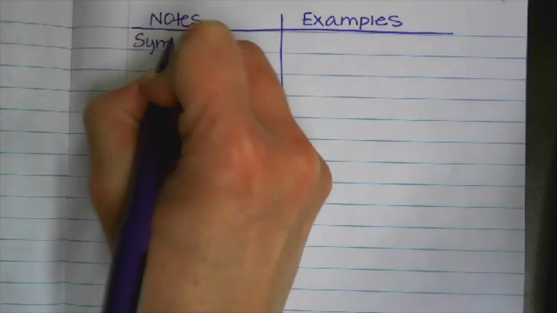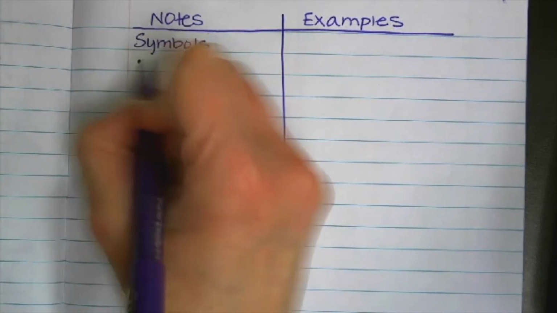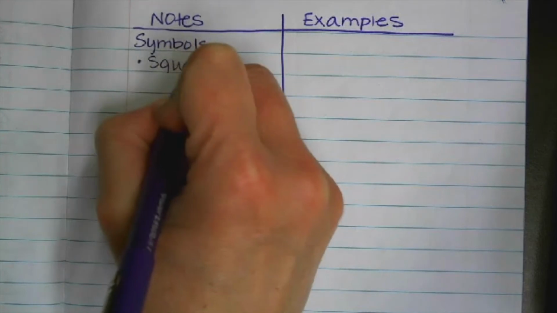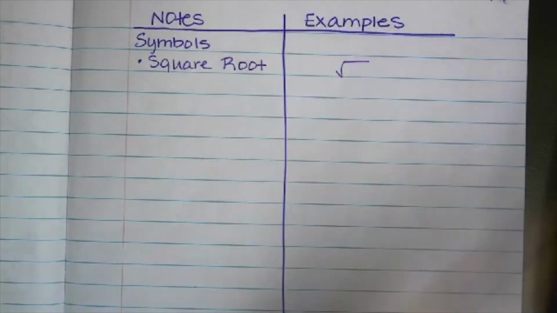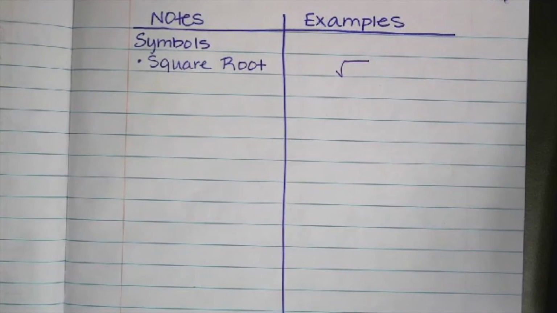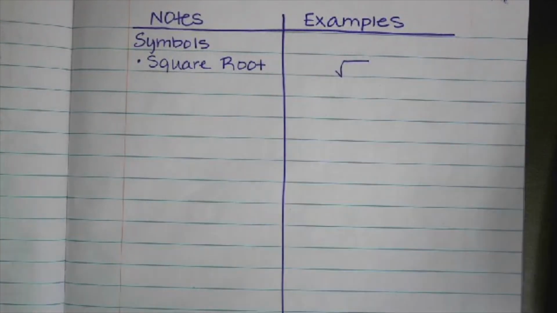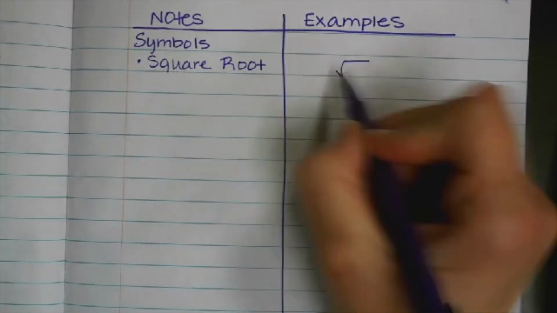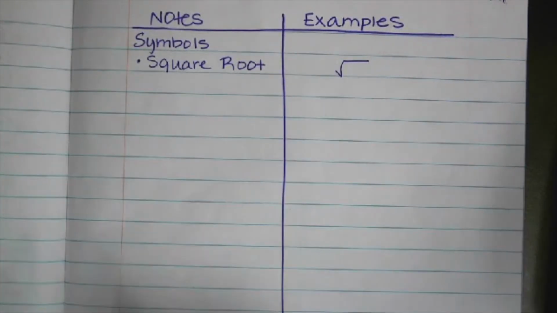The first thing I want to make sure that we understand is the symbols that are being used. The square root symbol kind of reminds me a little bit of the old division symbol that we used back in elementary school. It kind of has this little check mark at the end, or over here on the left-hand side, but this is actually the square root symbol.